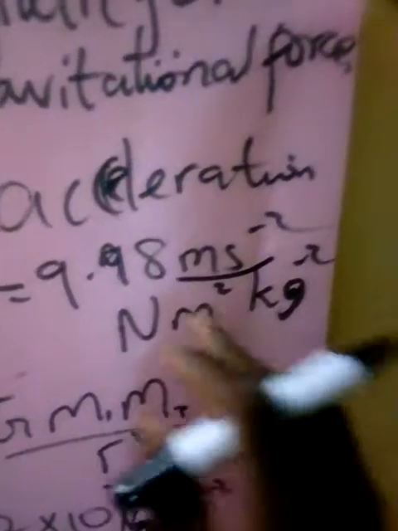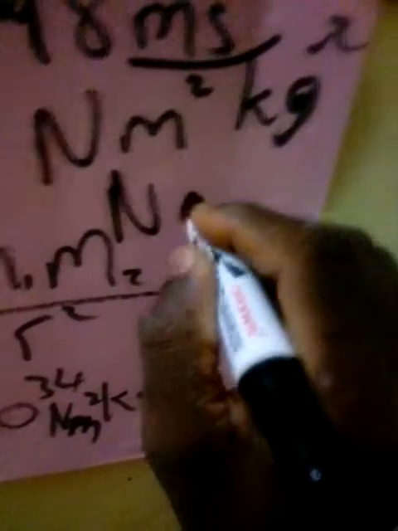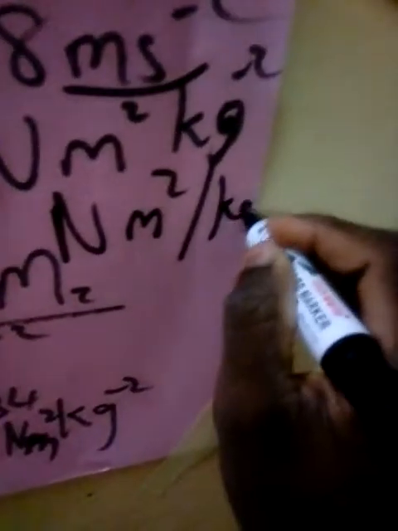And we're introducing what is called a gravitational constant, capital letter G, which is 6.67 times 10 to the power minus 11, and the unit is Newton meter square per kg square. I wrote that clearly here, Newton meter square per kg square. That's the minus sign is per kg square.